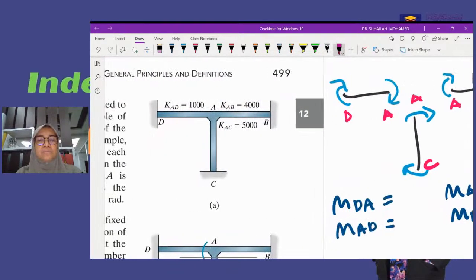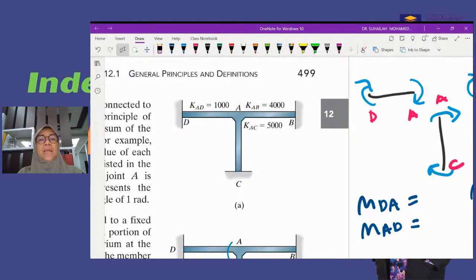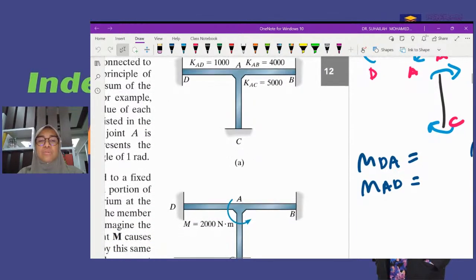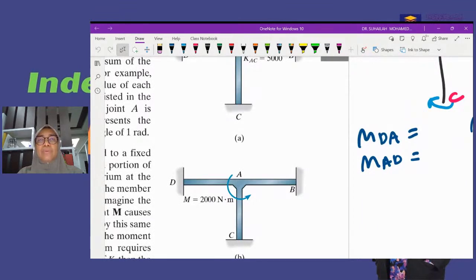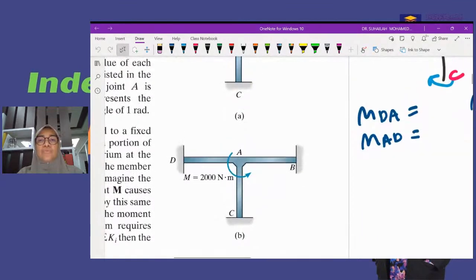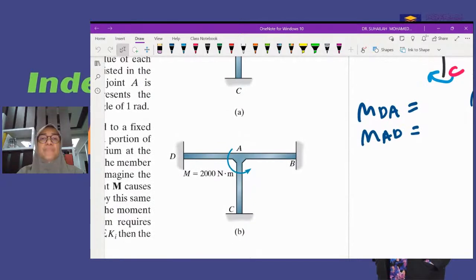So in this diagram, there are three members, six member end moments, so there are six distribution factors. How to calculate the distribution factor? By using the formula: the distribution factor is equal to K for the element divided by total K for that particular joint.